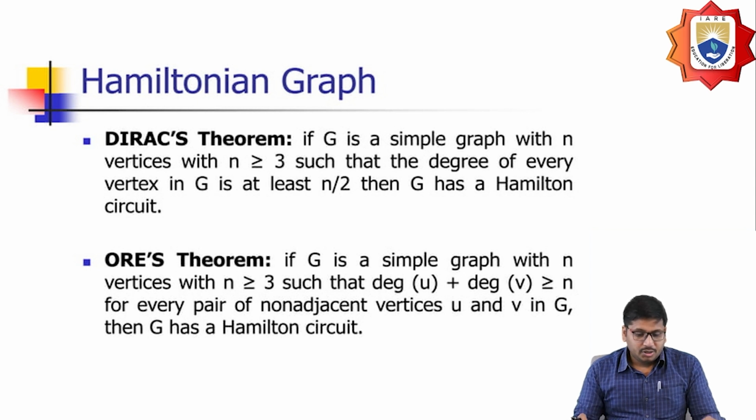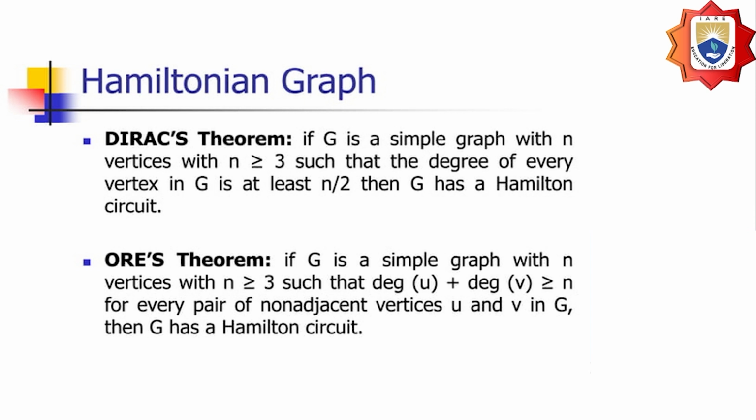So in this Hamiltonian graph, we are going to see about two types of theorems. The first one is that a graph is a simple one with n vertices, where n is greater than 2, such that the degree of every vertex in the graph is at least n by 2.